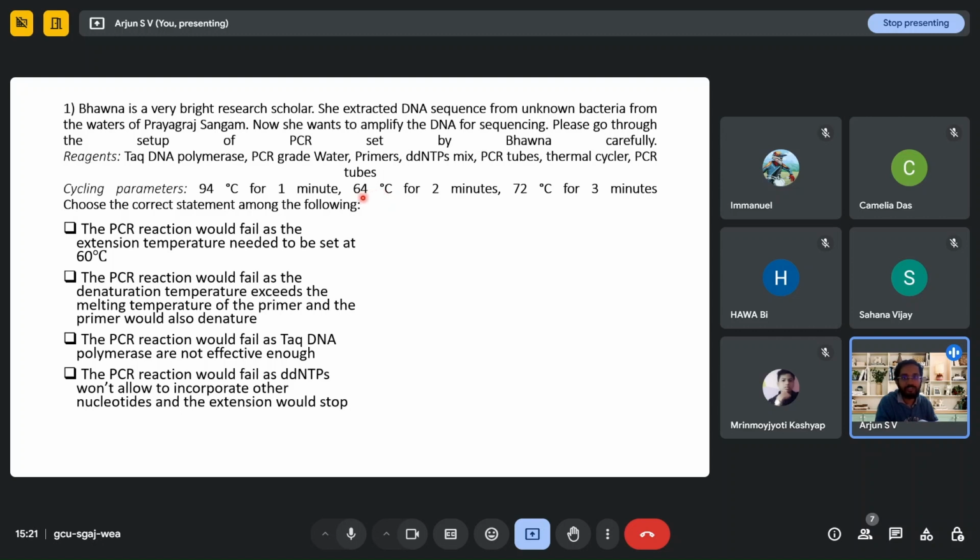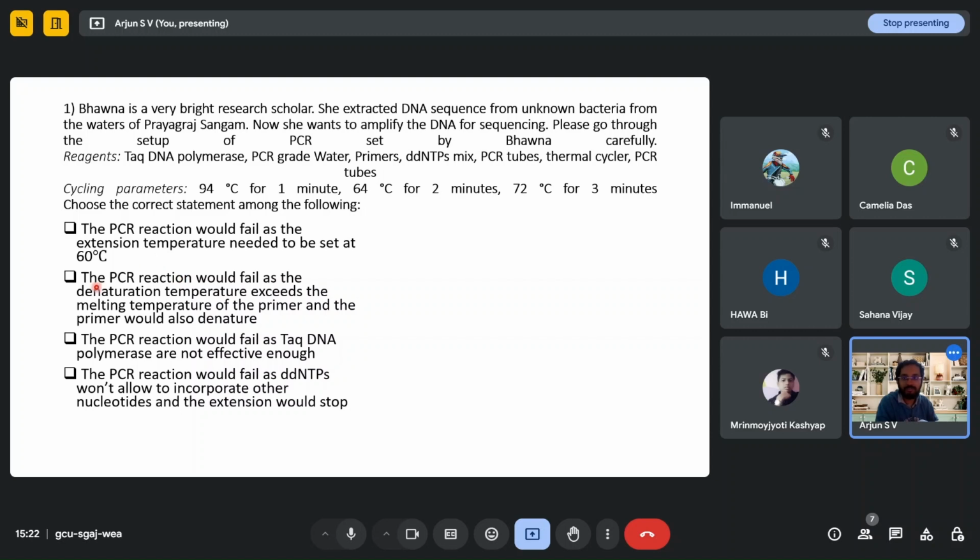So if they have a melting temperature of 64 degrees Celsius, an extension temperature of 60 degrees Celsius is permissible to an extent. 72 degrees Celsius is the temperature where the extension would happen, the normal extension temperature for any Taq polymerase based experiment. So the first option will be automatically rejected. It will be a wrong answer.